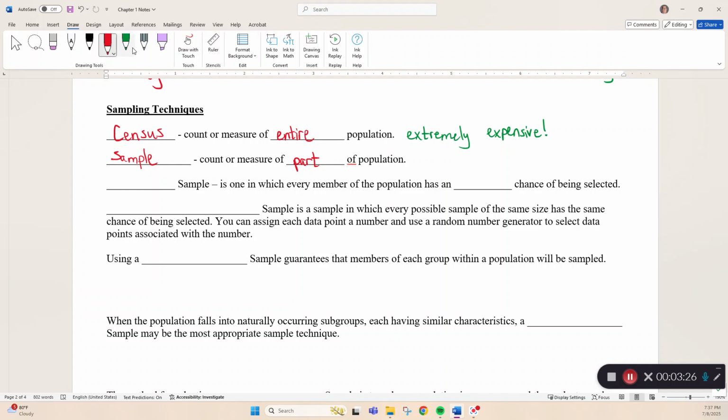But when you do this, you have to make sure that your sample represents the entire population.